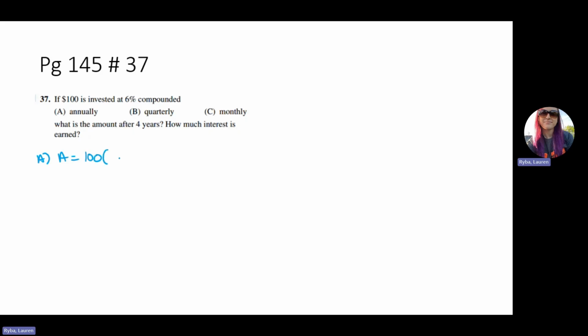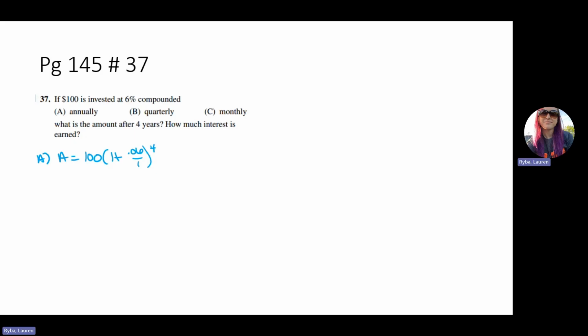So $100 is invested, 1 plus, my interest rate is 6%, so it's going to be 0.06. If it's annually, it's 1 time a year. So I could put divide by 1, or I could just leave it as the simple interest, the 1 plus 0.06. And then in this case, we are going to compound it so we have an exponent. The exponent is what you divided by, 1, times the number of years, 4. 1 times 4 is 4.